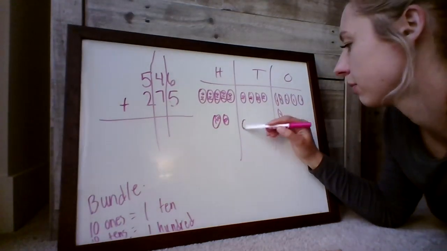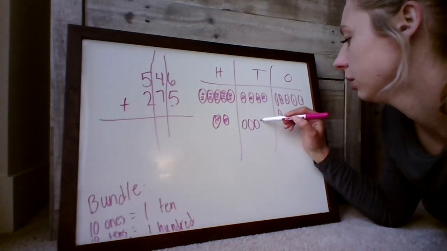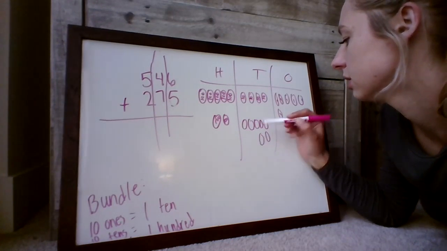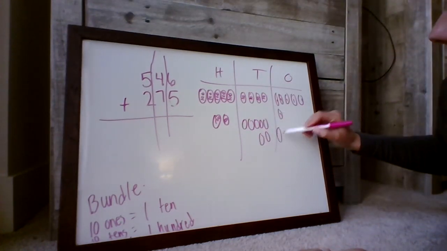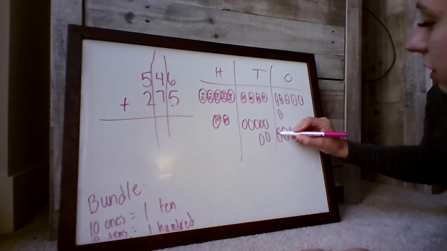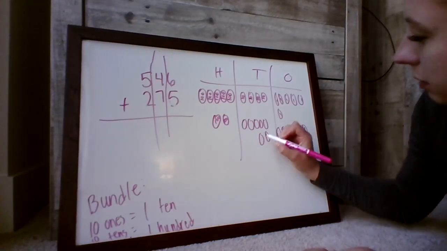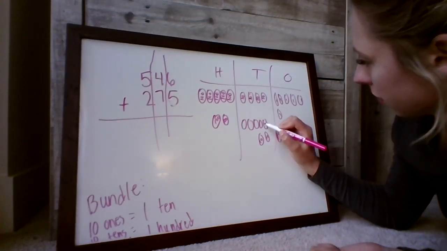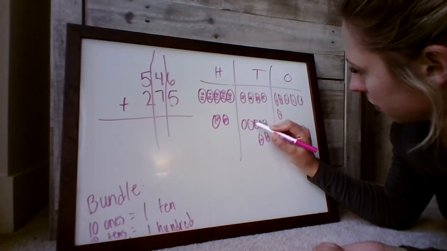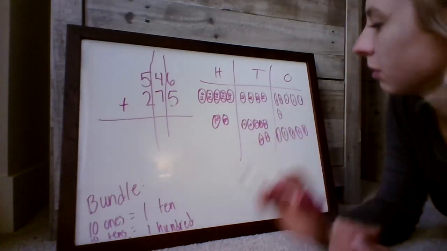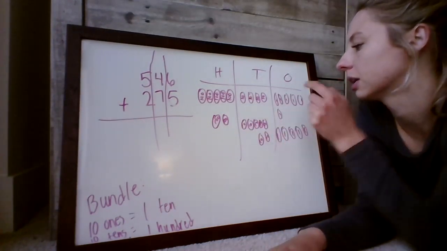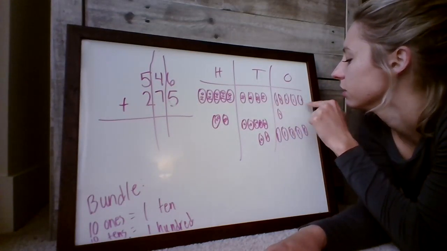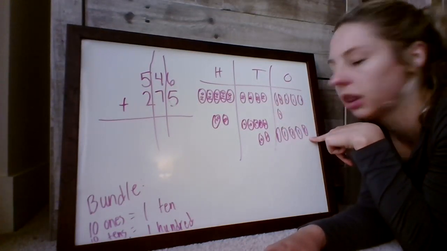200. 1, 2, 3, 4, 5, 6, 7, and 5. 1, 2, 3, 4, 5. Okay, let's add it all together. What's 6 plus 5? 1, 2, 3, 4, 5, 6, 7, 8, 9, 10, 11.